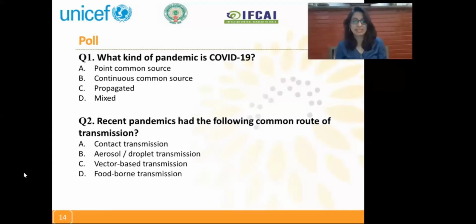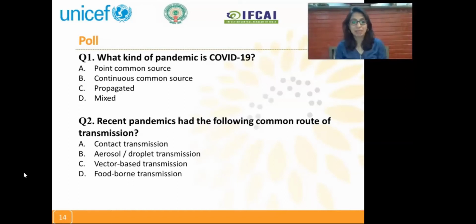The next question is, in the recent pandemics that we had in the last few years or last few decades, what was the common route of transmission? Was it contact transmission? Was it aerosol or droplet transmission? Was it vector based transmission? Or was it foodborne transmission? Just think of the pandemics which I just spoke about.